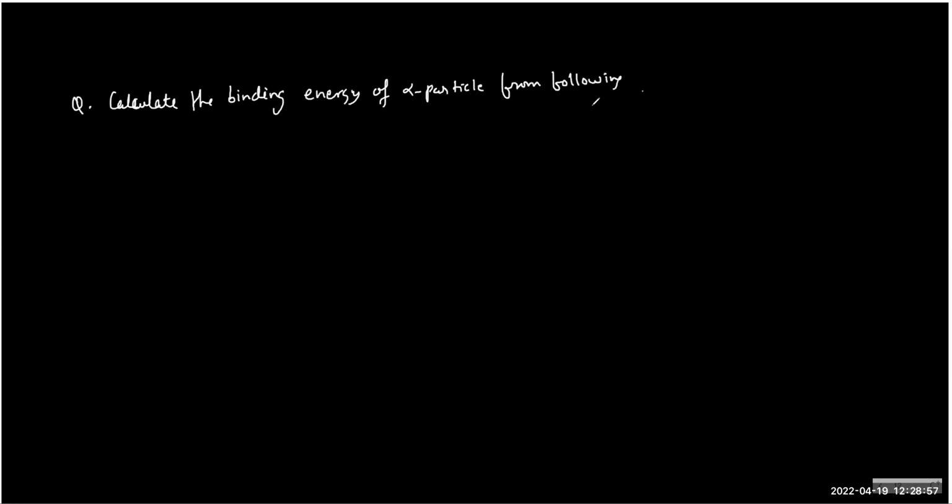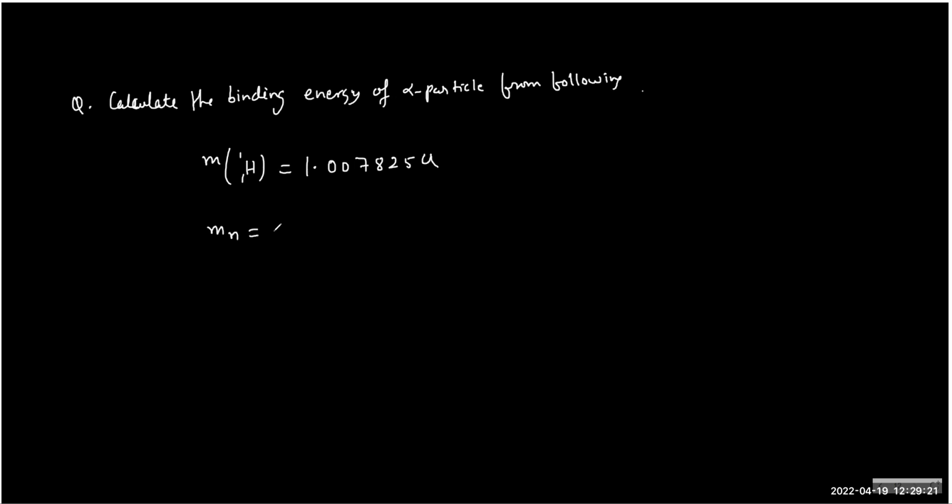The mass of H atom they will give you, and it is 1.007825 U. And as I said, mass of neutron they will give, but not the proton.